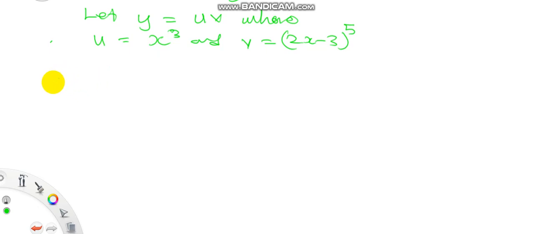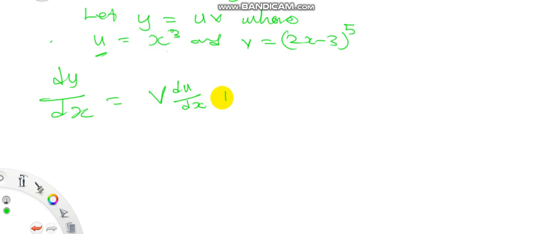According to the product rule, we have dy/dx is equal to, if we have such functions, we hold the function v and multiply it by the derivative of u, du/dx, the rate at which u is changing with respect to changes in x, plus now we hold u, the other function, and multiply by dv/dx, the rate at which v is changing with respect to changes in x.